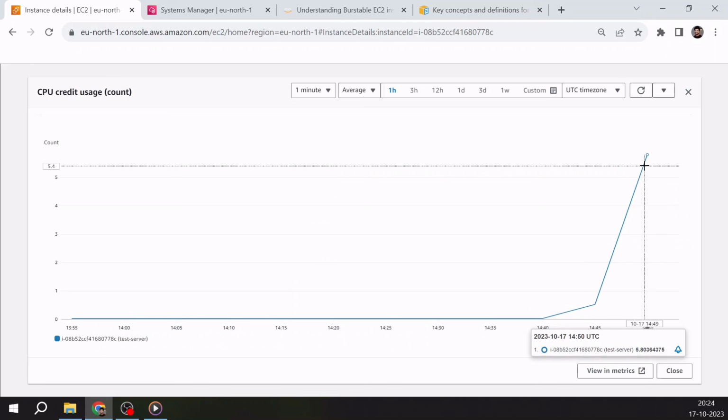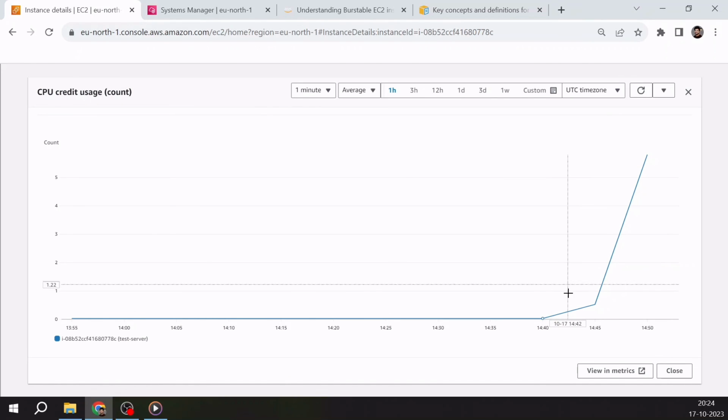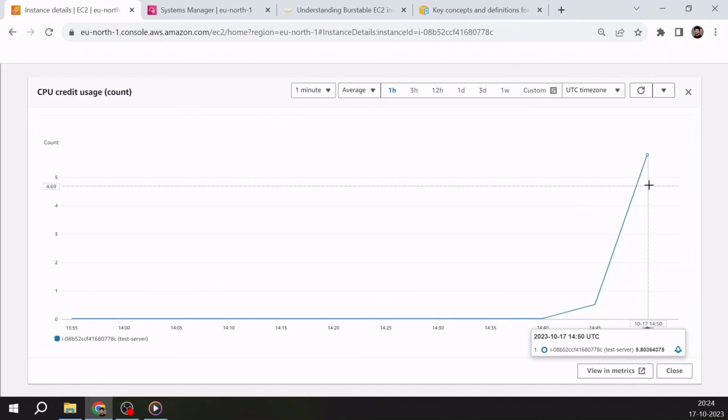Once I updated this to 1 minute, you can see it consumed around 5 units. Because we have two vCPUs, each consumed three, and it comes to approximately 5.8. So approximately 6 credits have been consumed, because we were running at 100% utilization for 3 minutes, and that matches our theory.